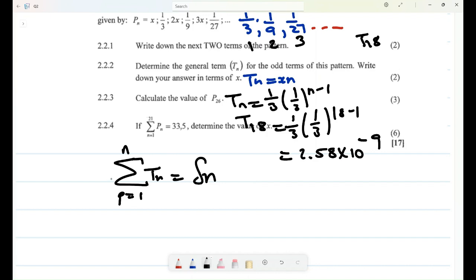Why am I saying that? Because sigma is the sum. It is the Greek symbol for summation. But now we know we use summation as this part here, right?